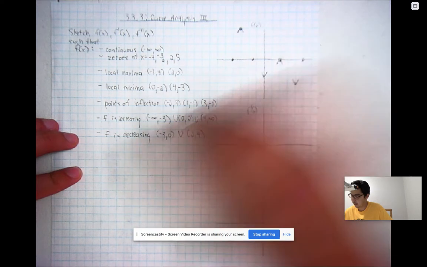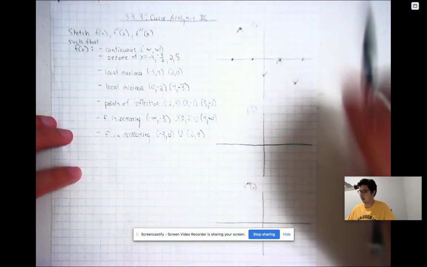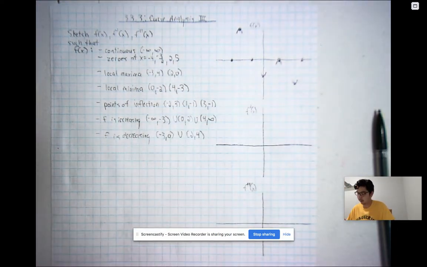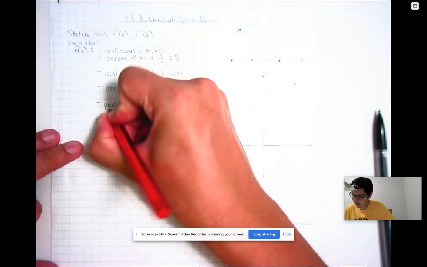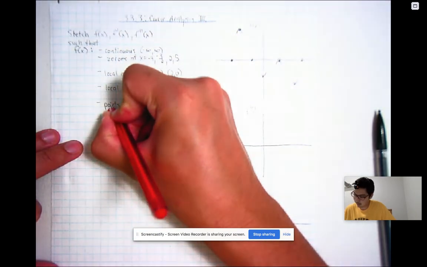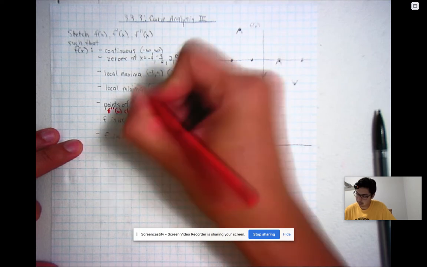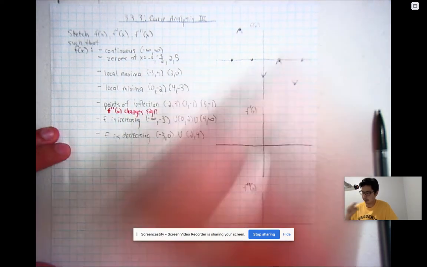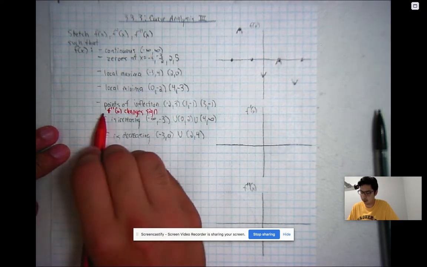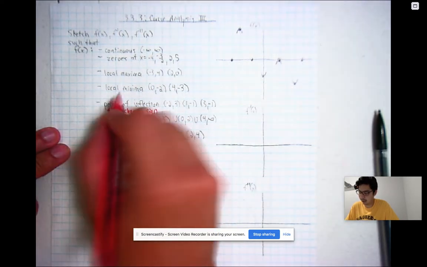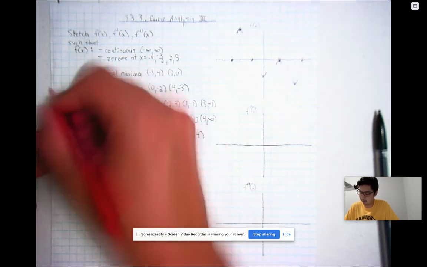Okay. It has points of inflection. Now remember that a point of inflection is when the second derivative, f double prime of x, changes sign. That's what a point of inflection is. And remember, points of inflection have to do with concavity, possibly.